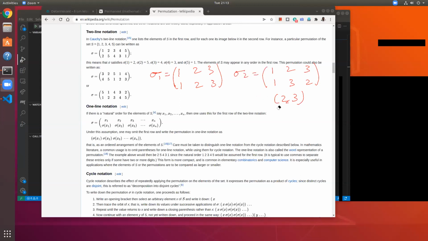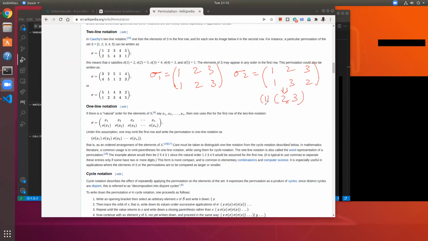So (2 3) is the permutation. Here, 2 maps to 3 and 3 maps to 2. So row 2, this is an alternate representation for this permutation.